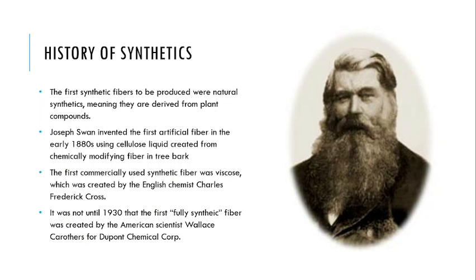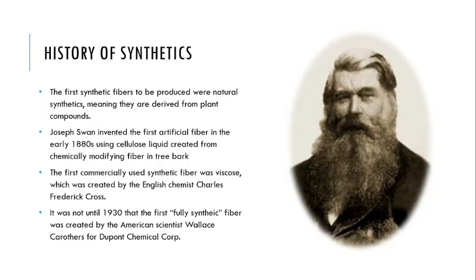The history of synthetics. The first synthetic fibers to be produced were natural synthetics, meaning they were derived from plant compounds. Joseph Swan invented the first artificial fiber in the early 1880s. So this was the very birth of synthetic fibers.